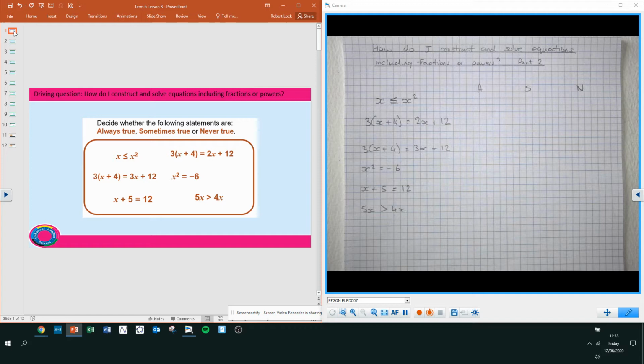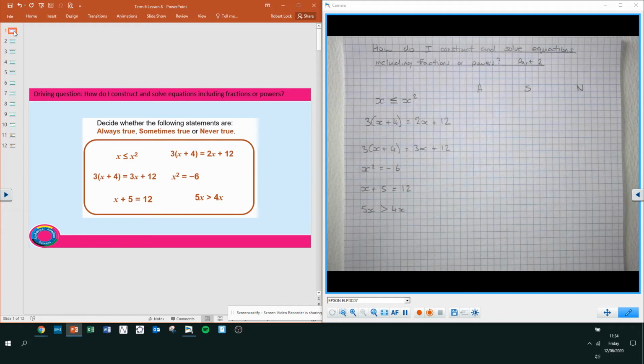Okay, x is smaller or equal to x squared. Is that always true, sometimes true, or never true? It is sometimes true. If x is 0, then x squared is 0, so it's true.